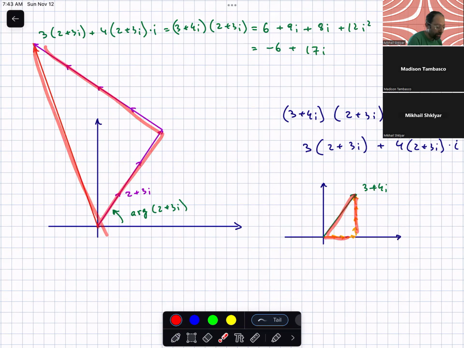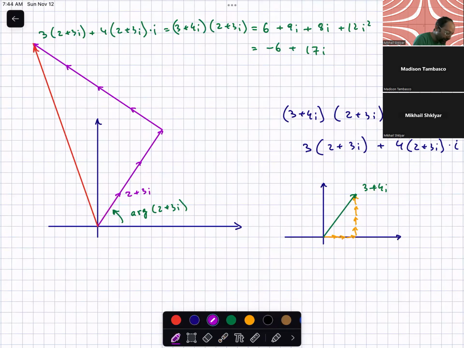What is the difference? The difference is that we took the unit vector and scaled it to the length of 2 plus 3i. And we took the original vector, which points in this direction, and instead of starting from the positive x-axis, we actually rotated it first by the argument of 2 plus 3i.